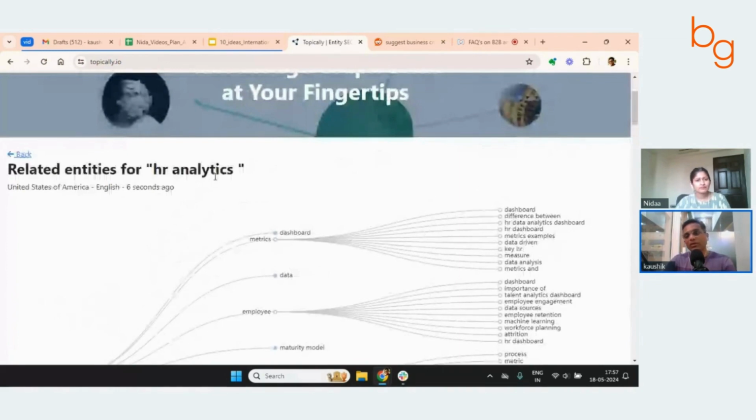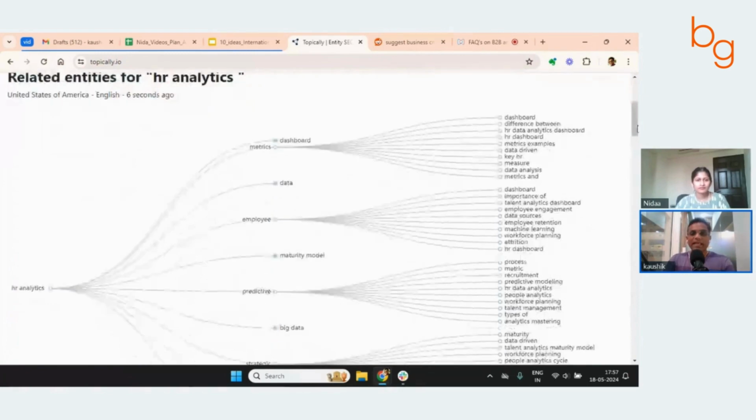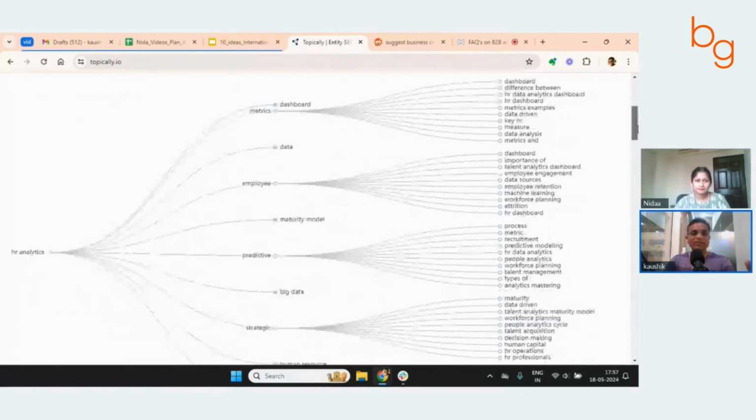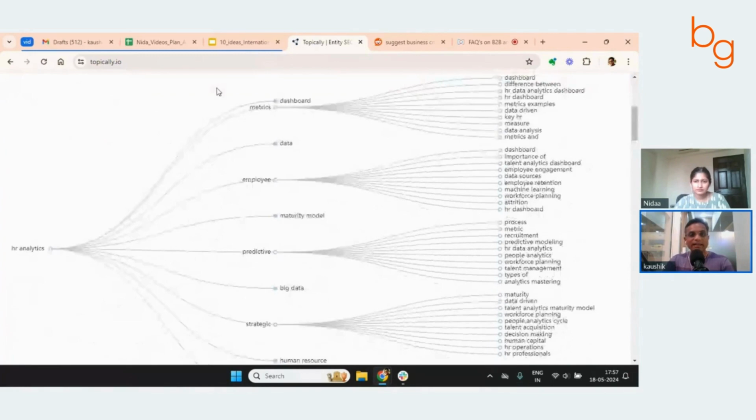So remember, one interesting thing is that it is not telling you just HR analytics metrics, HR analytics trends. It is not just giving you those autocomplete kind of terms. It is giving you what is called an entity relationship model. That's in SEO parlance.